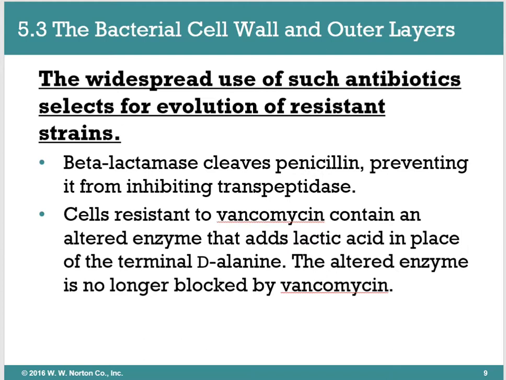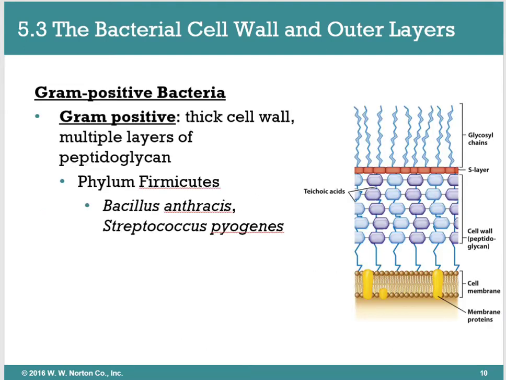So now we're going to transition into what specifically makes specific bacteria cell walls and outer membranes more specific. So let's talk about gram-positive bacteria. We kind of dabbled in this a little bit, but we're going to go more into detail.